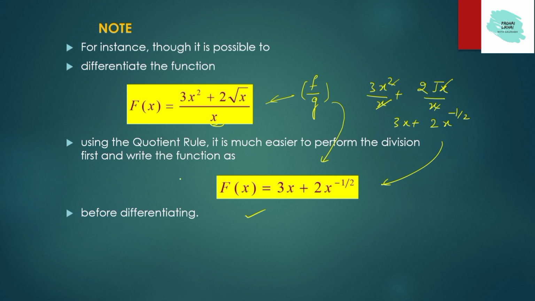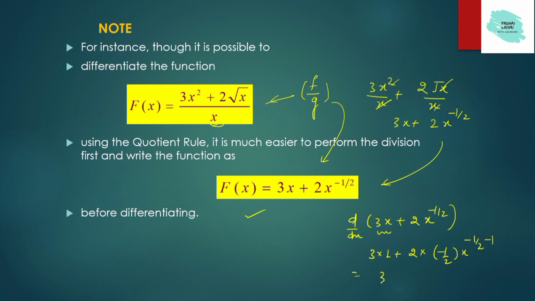So let us solve it. Differentiation of 3x plus 2 x to the power minus 1 by 2. From the first function 3 will come out, the differentiation of x will be 1, plus 2 will come out, that is minus 1 by 2 x to the power minus 1 by 2 minus 1.